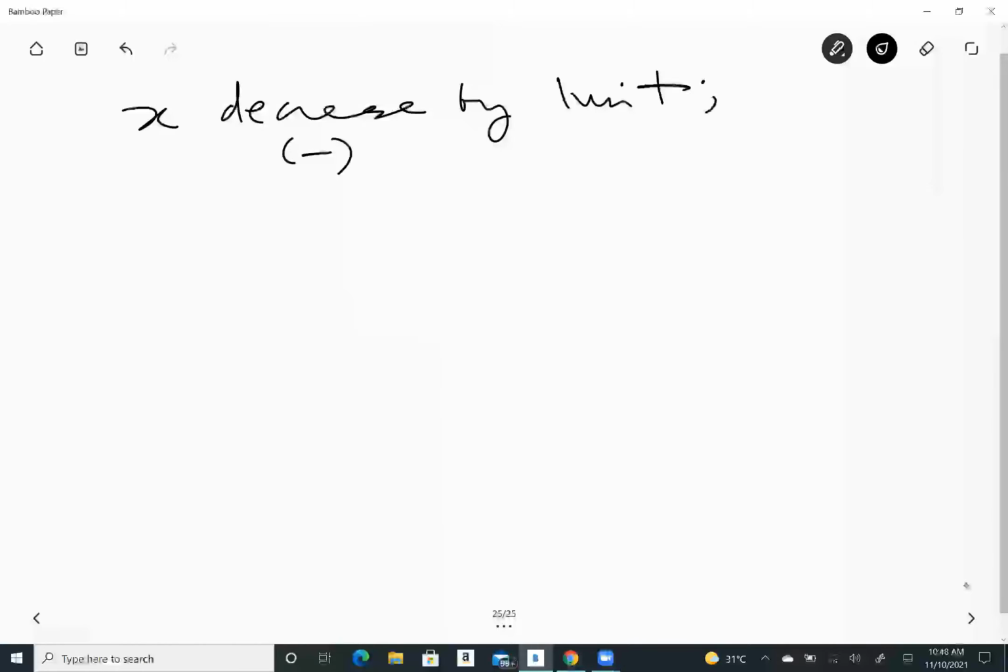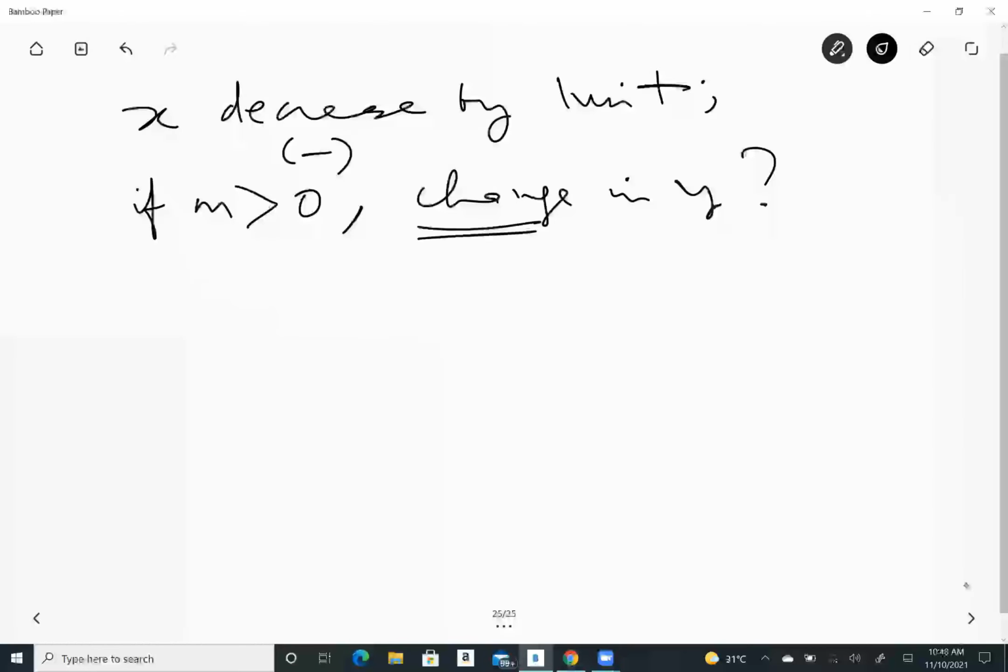Now, if M is positive, what about the change in Y? Is it a decrease or is it an increase? Decrease, because you have to look at the sign.